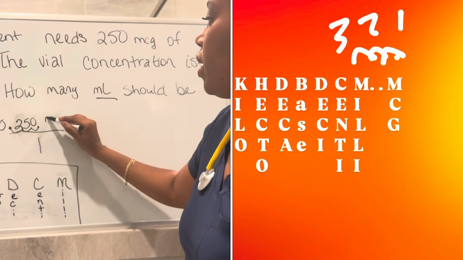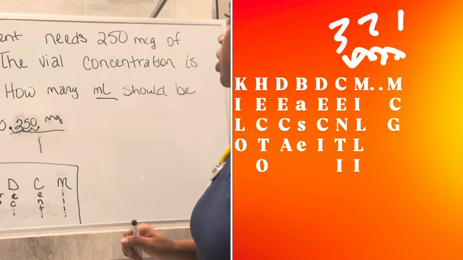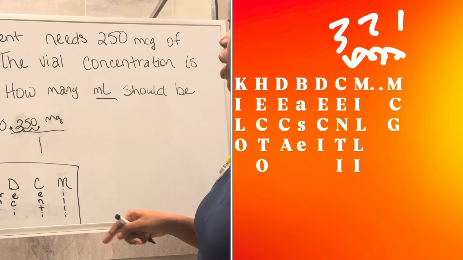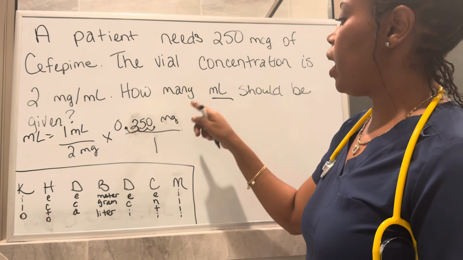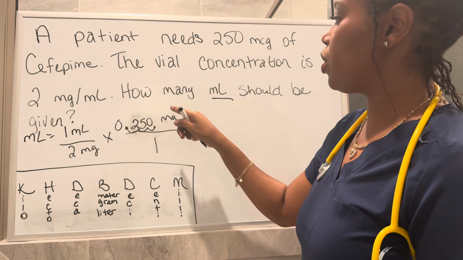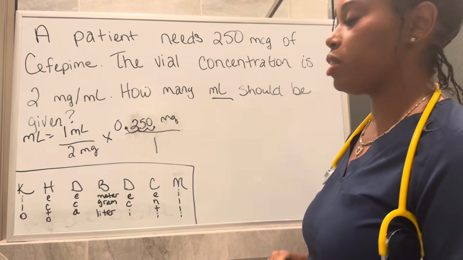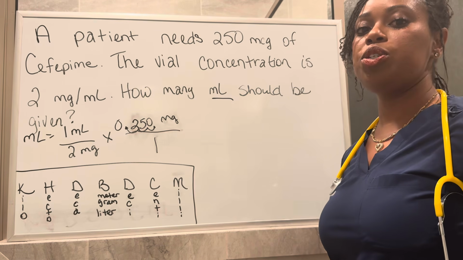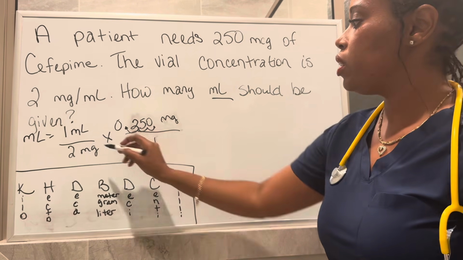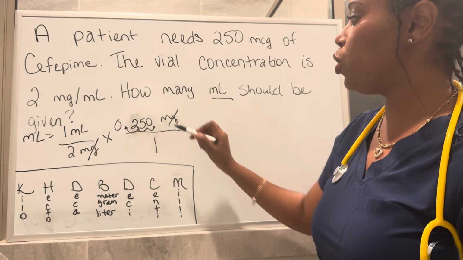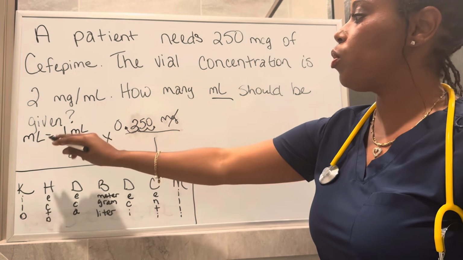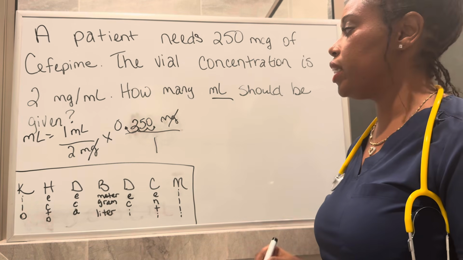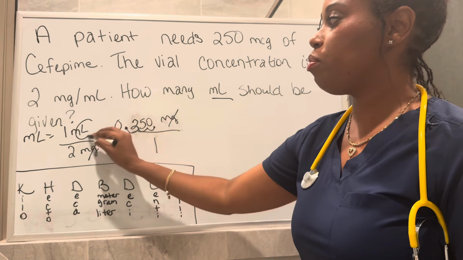Now that I've done that, it's milligrams. By just converting using my conversion table, it allows me to convert the micrograms into milligrams, which is exactly what I need to do in order to move forward with my problem. And I only want to be left with what the equation is asking me for, and that's milliliters.